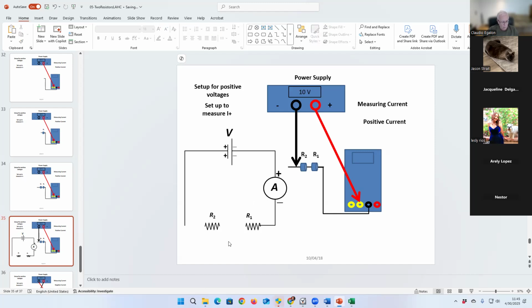Here you go. This one goes here. And now we're just going to measure.